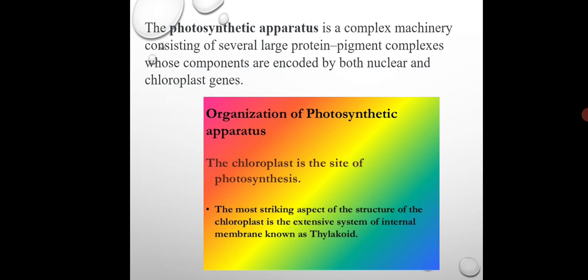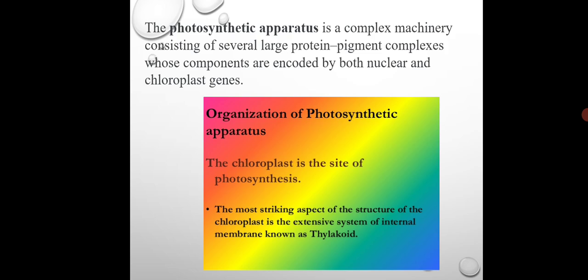There are two categories: prokaryotes and eukaryotes. In eukaryotes, photosynthesis takes place in the chloroplast, and the chloroplast is the largest cell organelle present in the plant cell.